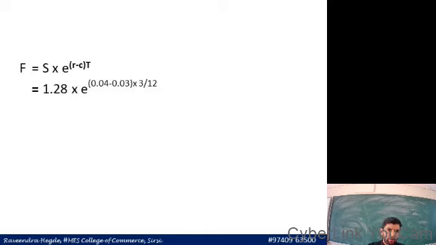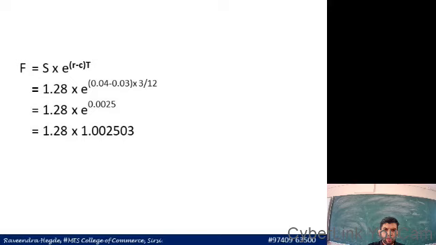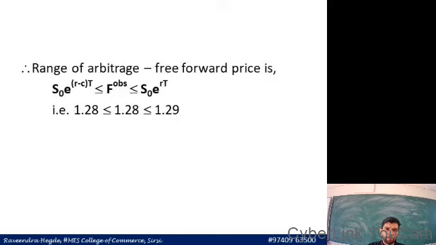So that is 1.28 into e raised to (0.04 minus 0.03) into 3 by 12, which gives 1.28 into e raised to 0.0025, and that gives 1.28 into 1.002503, which means $1.2832.